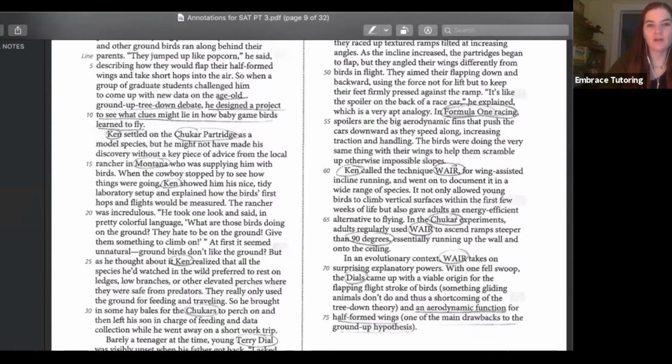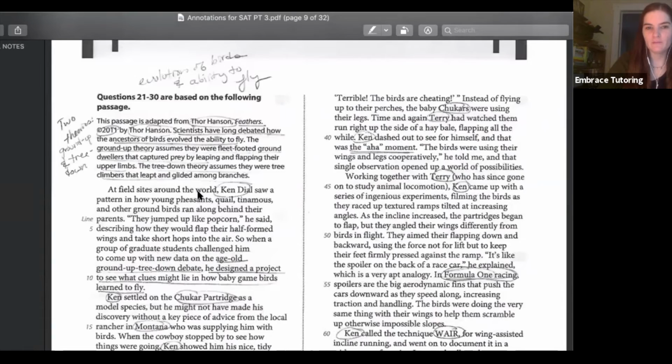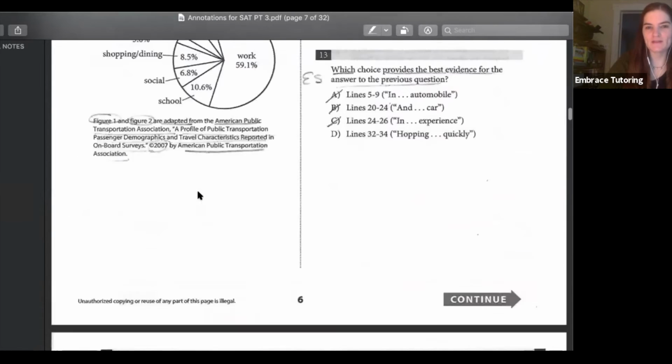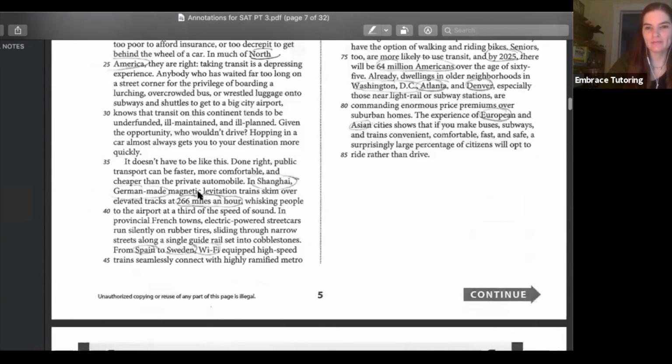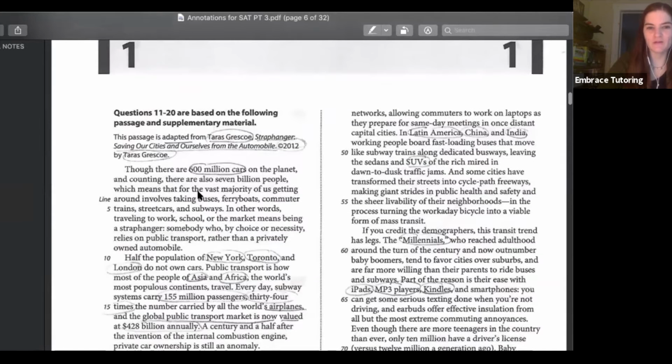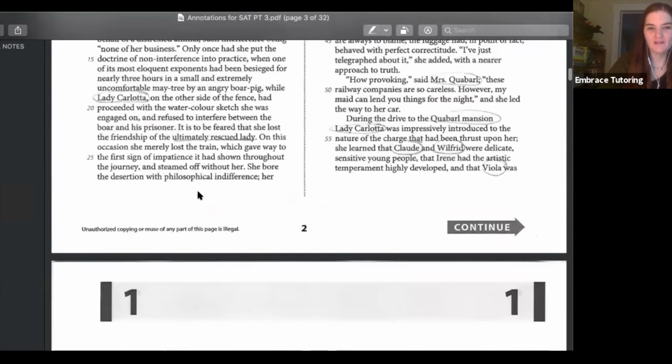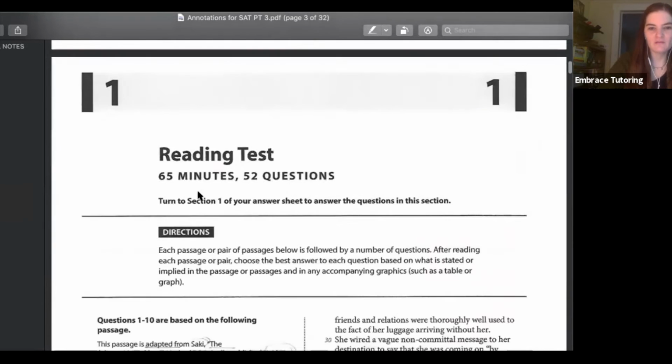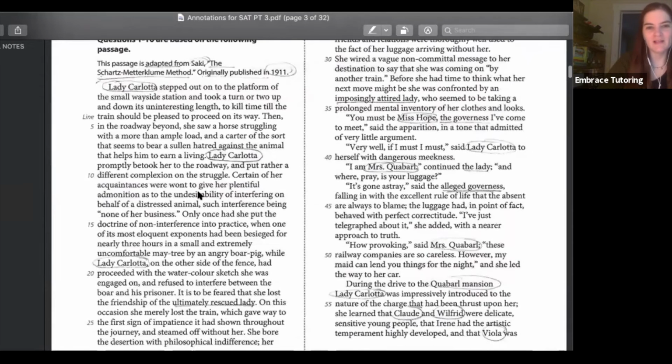Okay, were there any other ones before we delve into Mary Wollstonecraft? Or did the other ones make more sense in general? Because it was from 2012. When was this one? 1911. Okay.